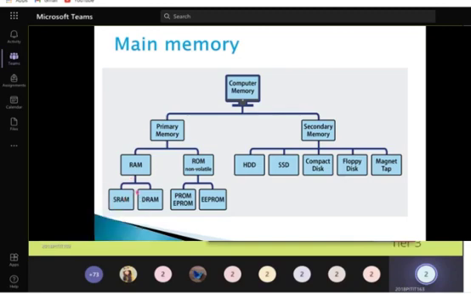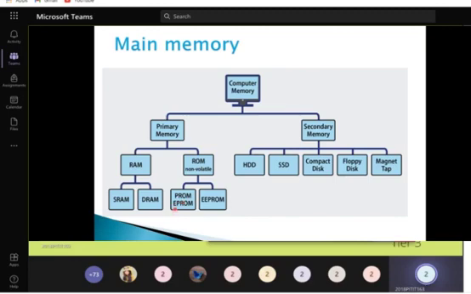Again, it is divided into two types: one is SRAM and then DRAM. SRAM is static RAM, and DRAM is dynamic RAM. Again, ROM, read-only memory, which is a non-volatile memory, is divided into two types.